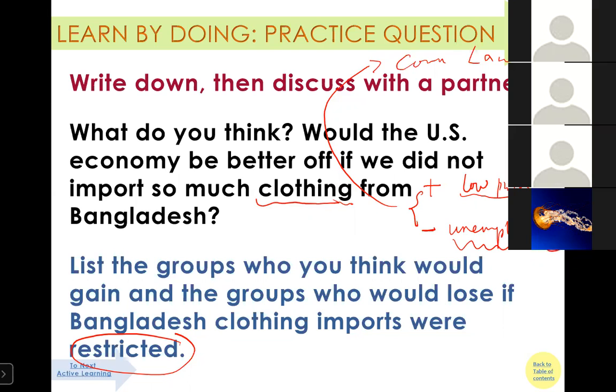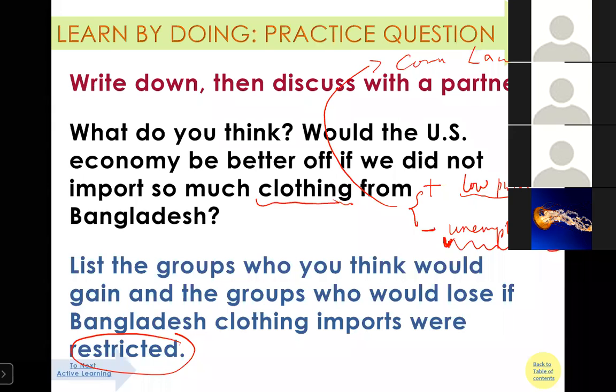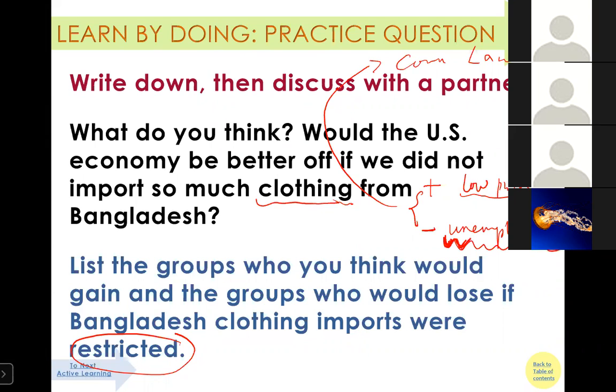The answer most likely is going to be no. Why? Even though this is going to generate unemployment, right? Simply protecting them by restricting imports is not a good idea. Why? First, that's going to raise the price. That's going to hurt most customers.